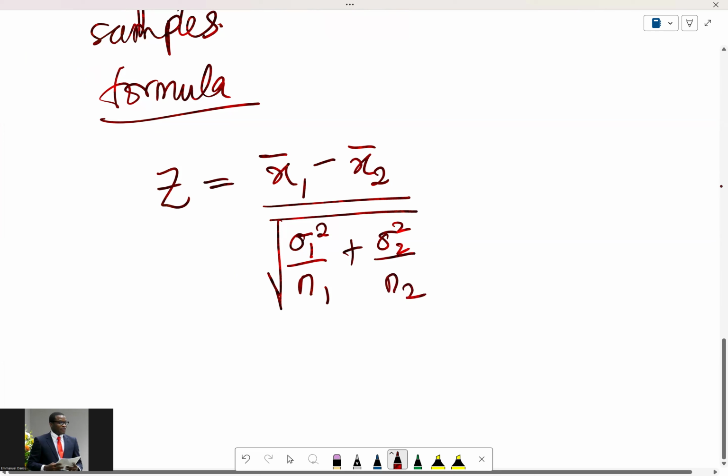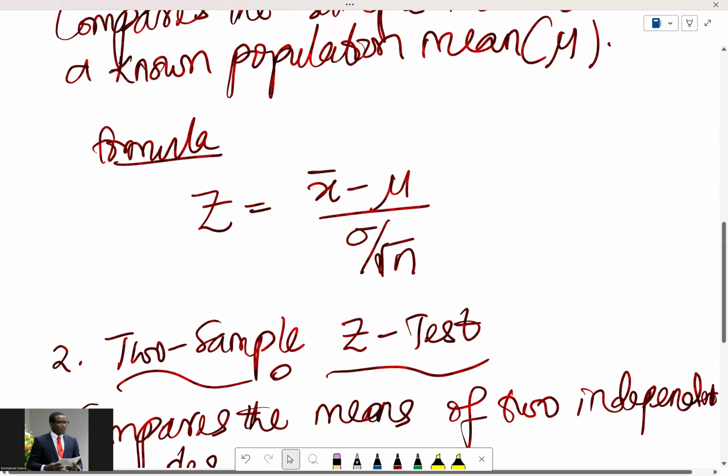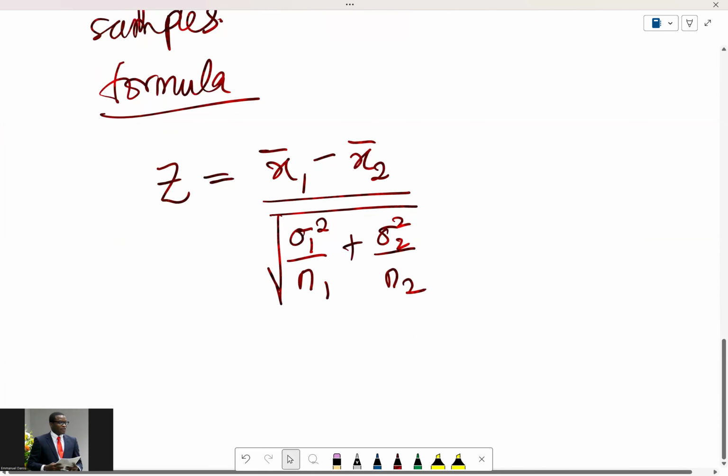Of course all the symbols take the same meaning as in the case of one sample Z test, except that anywhere you have one, it's for the first sample, while two is for the second sample.